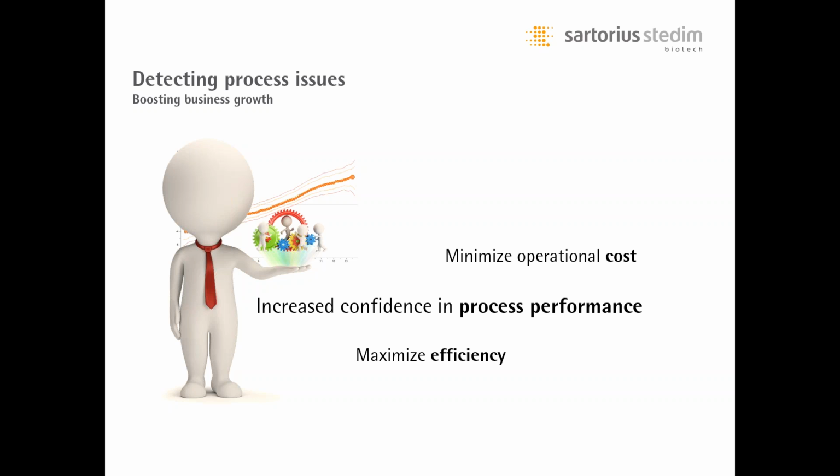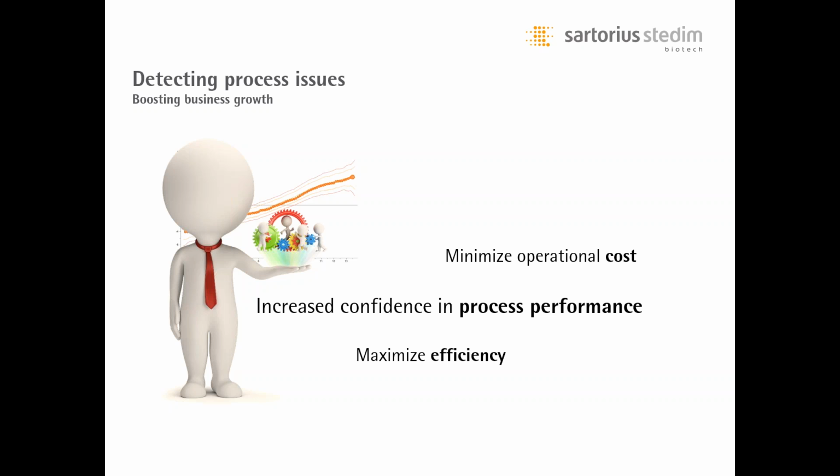Using Simca Online is a very good way of taking advantage of all of the data that is collected in the process and utilizing it to turn it into a benefit for the operations. And detecting process issues is a very big use of Simca Online in order to boost business growth in the end.